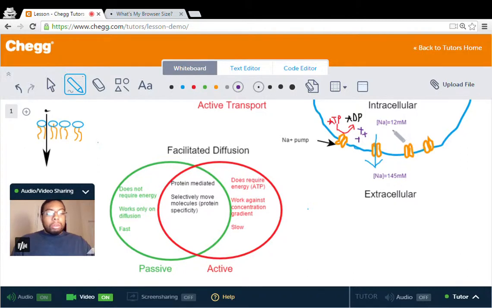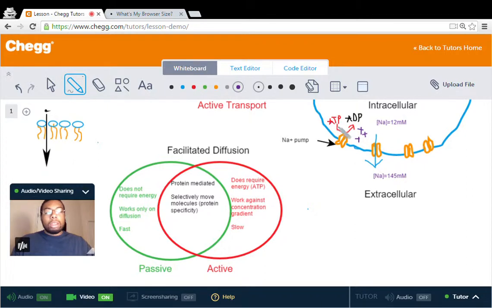Now, like we just mentioned before, the sodium concentration on the inside of the cell in the intracellular space is much lower than the concentration of sodium outside. So this would just mean that it is not energetically favored for these molecules to just spontaneously move to that higher concentration. So how does the cell get around that?